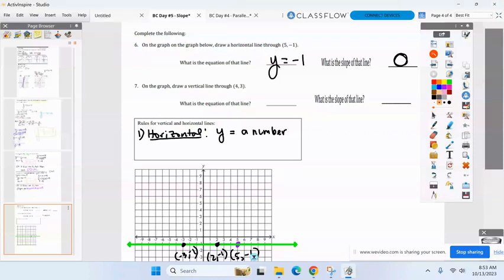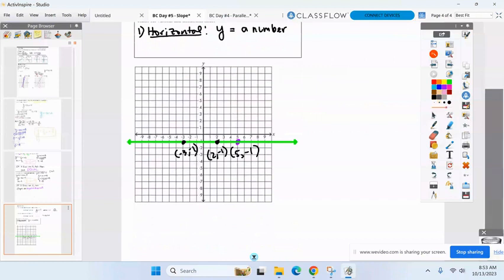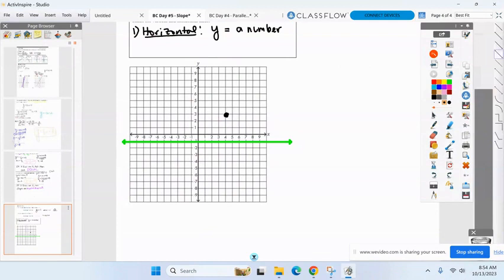All right, last one. Go ahead and graph 4, 3 for me. Graph 4, 3 and draw a vertical line through it.